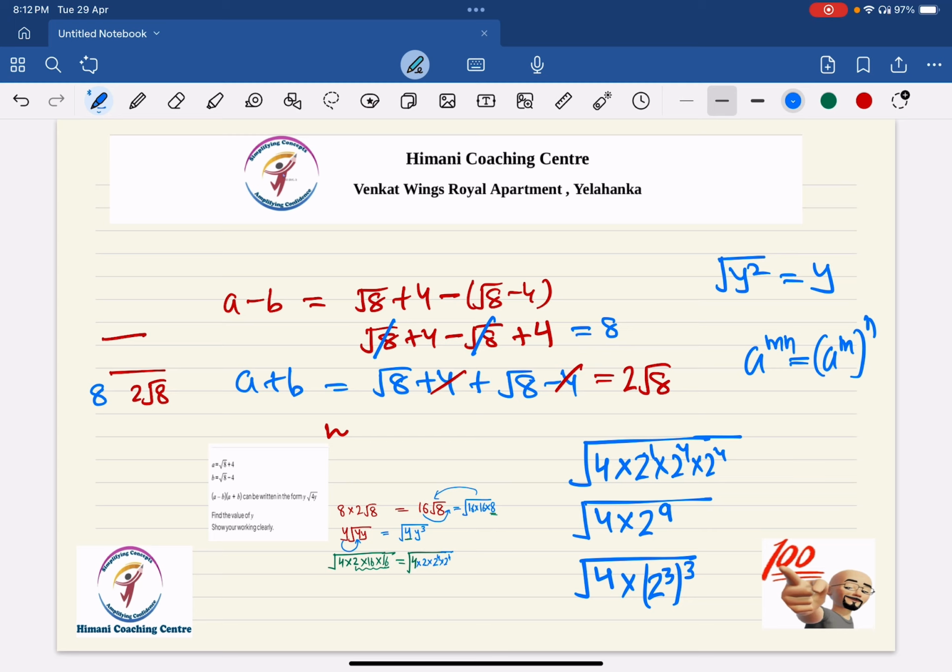Because by doing this, we should be getting our answer that this whole thing can now be written as root of 4, which is 2, into 2 cube, which is 8, 8 cube. So 8 into 8 into 8. Now, a pair of two eights, one 8 comes out, and inside we are left with 4 times 8.